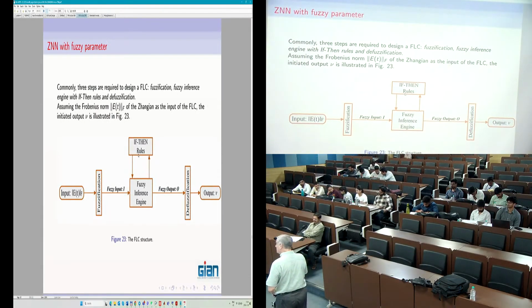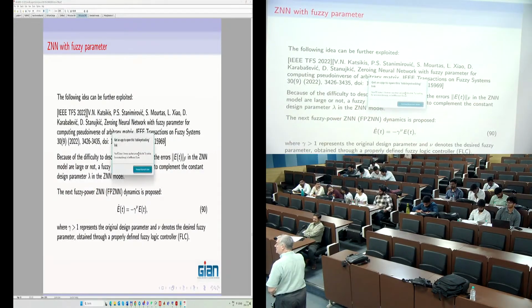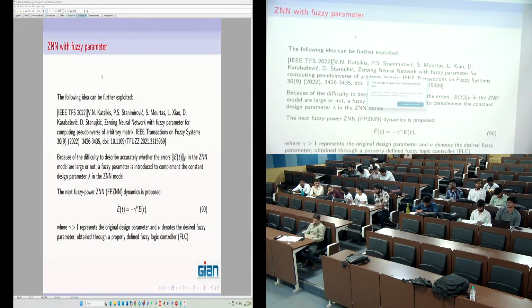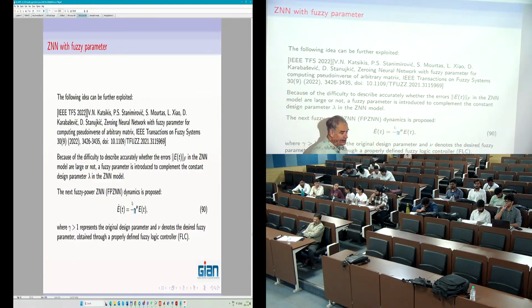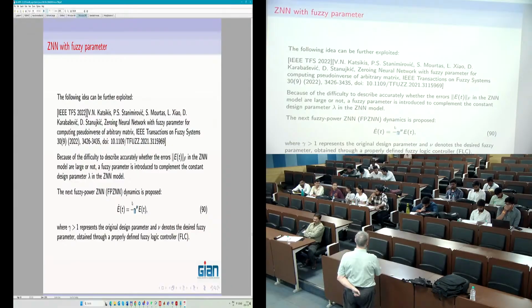Okay, here I put only the main idea of how to define the improvement of ZNN dynamics. There are a lot of details about fuzzification. Fuzzification is defined using appropriate membership functions.